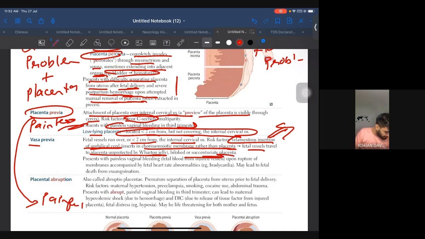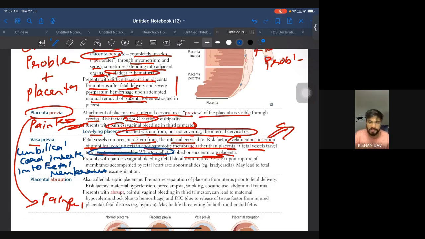Now see one more thing. In simple words, if we look at it, umbilical cord inserts into fetal membrane. Okay, and this is very important. No protection by Wharton jelly.